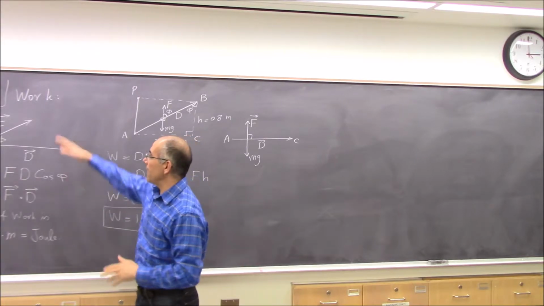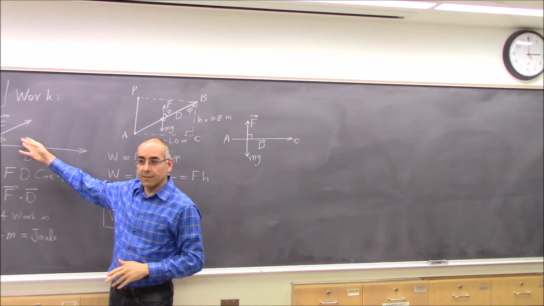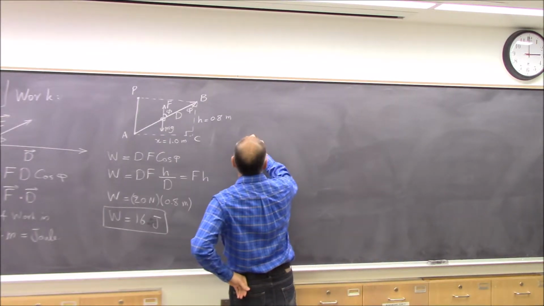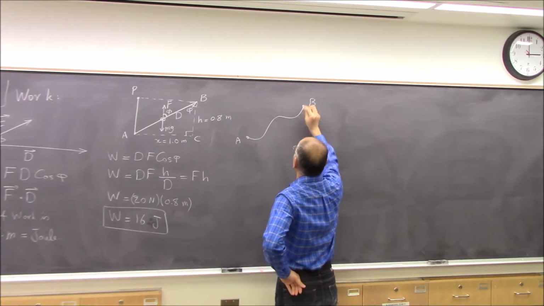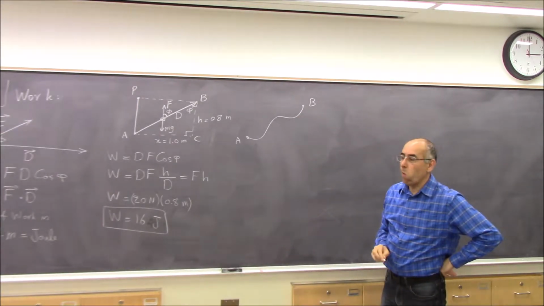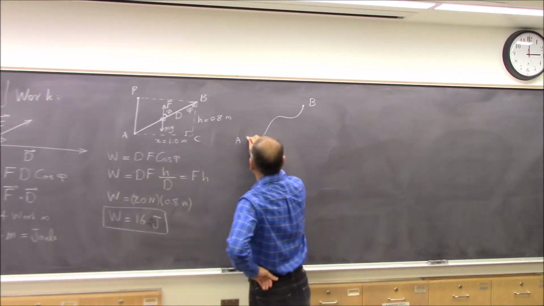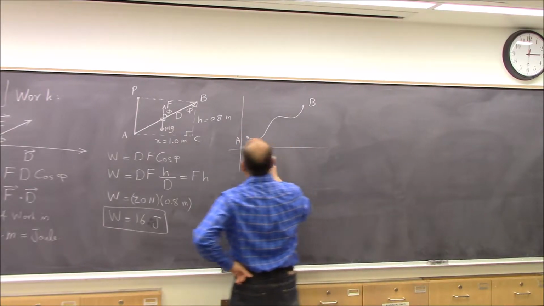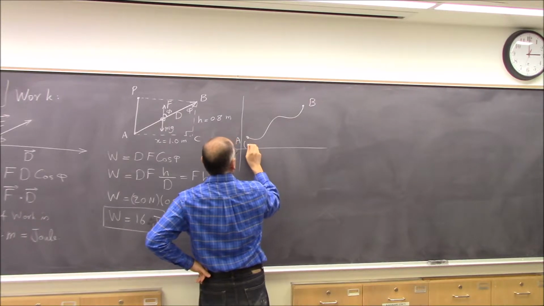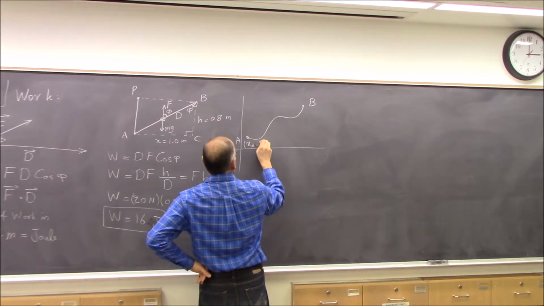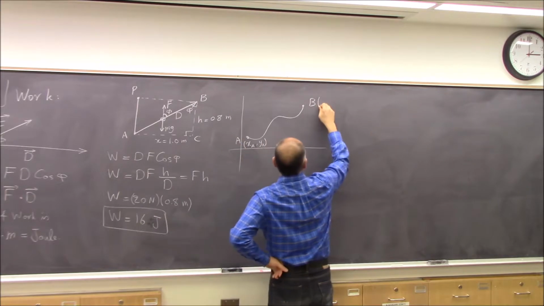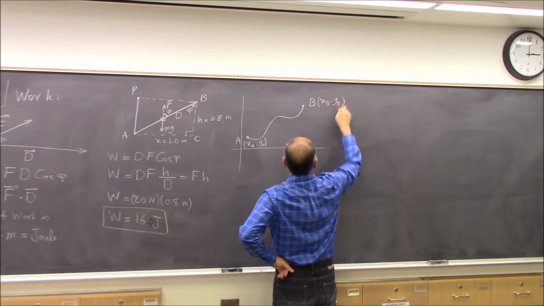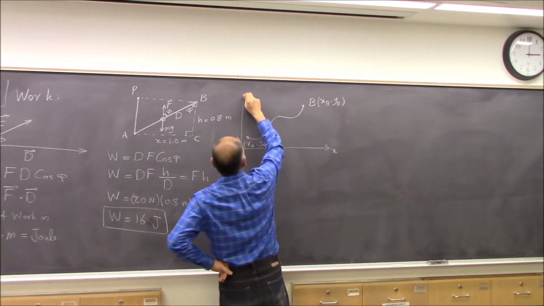So work is like this when the force is constant and the path is straight. Let's say from A to B, you go on a path like this, right? And if you want to do mathematics and put a coordinate system here, this A is at coordinate x of A and y of A. This is coordinate x of B and y of B. And the x-axis is this way, y-axis is this way.